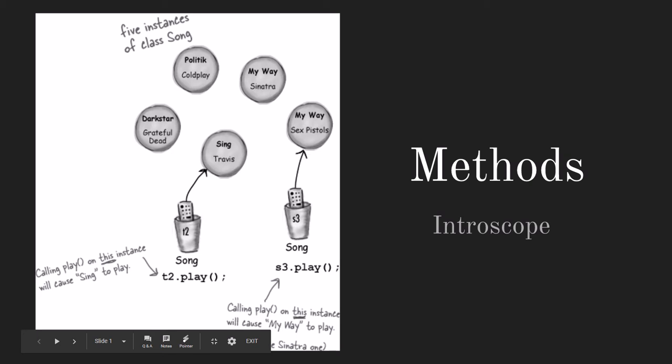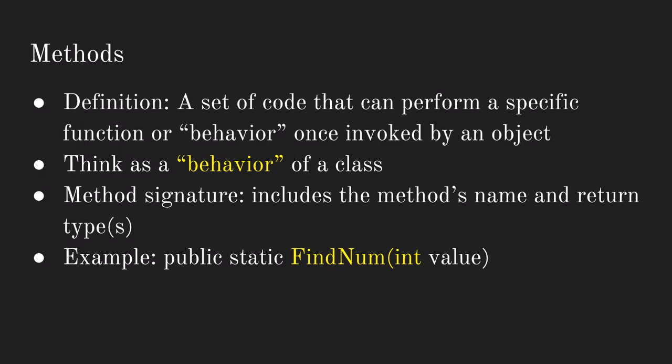So what I can do is invoke this method play by just doing the object name, period, and then the method. So right here it says calling play on this instance will cause sing to play. So it's going to execute anything within this play method. The T2 will then execute the behavior of this method.